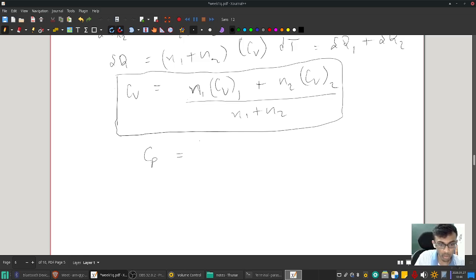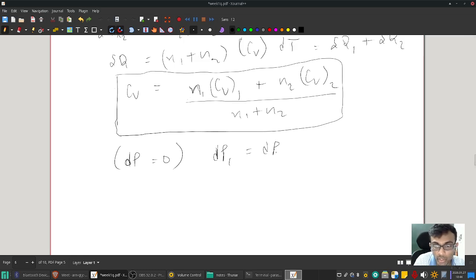So if dP is 0, let me just write that. This is when we define CP. Yeah, so then dP1 is 0 and so is dP2.